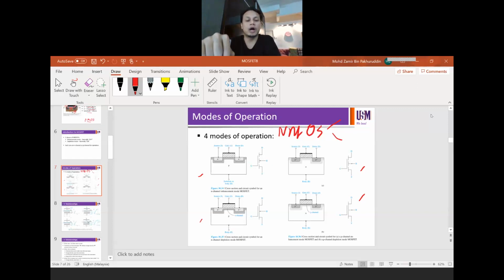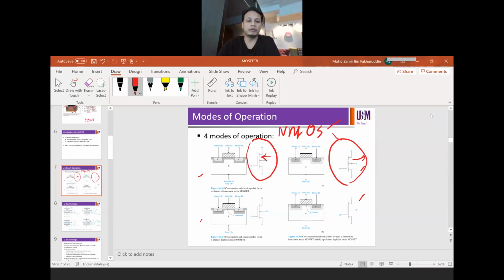How do you know whether it's P or N? If you look at the symbol, for the transistor with the symbol on the right, the N channel has the arrow coming in, and the P channel has the arrow going out. That's how you differentiate between N or P. So N coming in, P going out, for MOSFET.